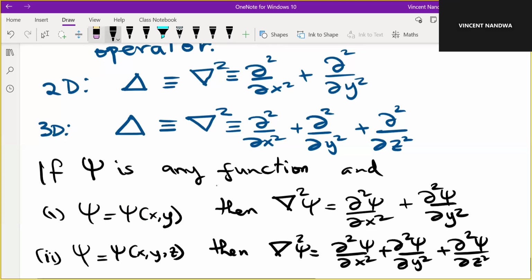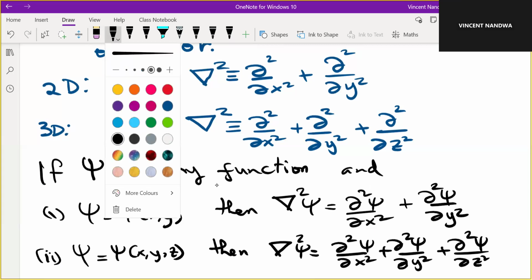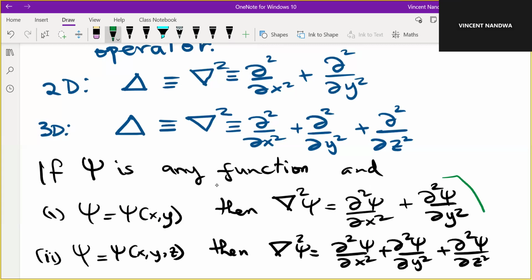So these two are called the Laplace equations, because we are applying the Laplace operator to the function phi. If phi depends on two variables x and y, then it will be Laplace in 2D. If phi depends on three variables, then it should be Laplace in 3D.